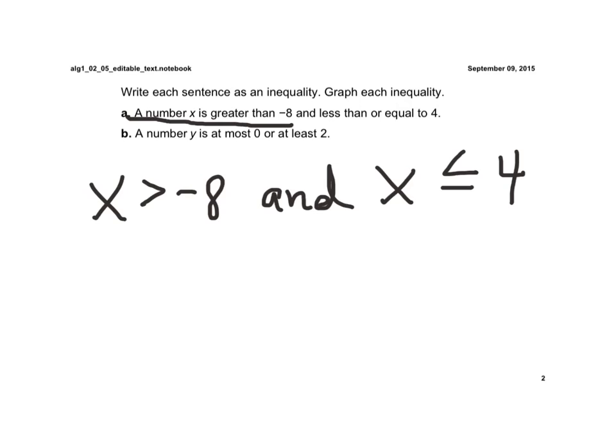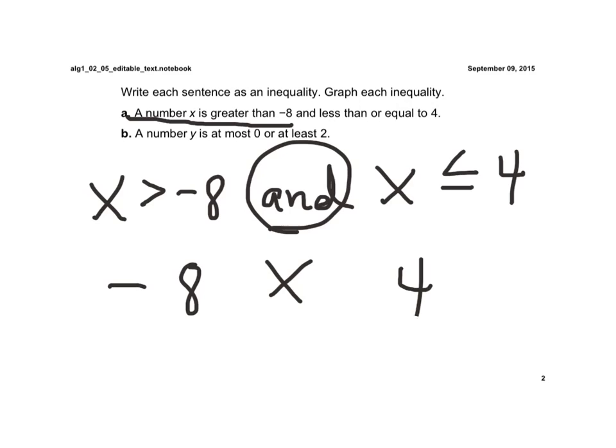And when we think about the word and, it means we must satisfy both inequalities. And if you think about it, numbers that are greater than a negative 8 and numbers that are less than or equal to 4, well, it seems like x should lie between a negative 8 and 4. And if you look at it, the big mouth here is open towards the x. So when I write it like this, the big mouth is going to open towards the x.